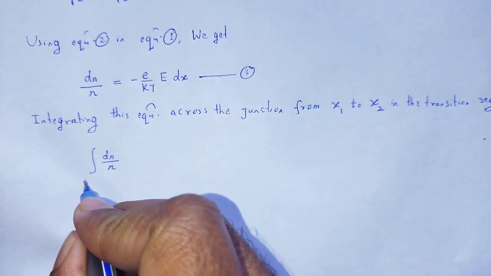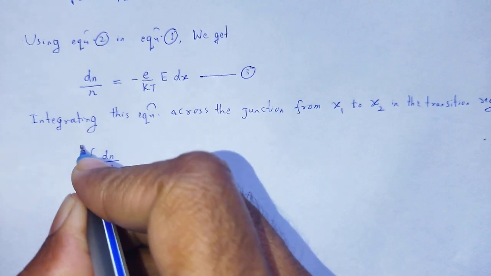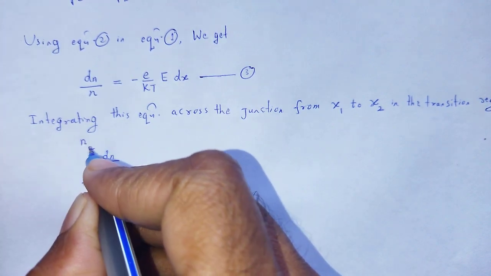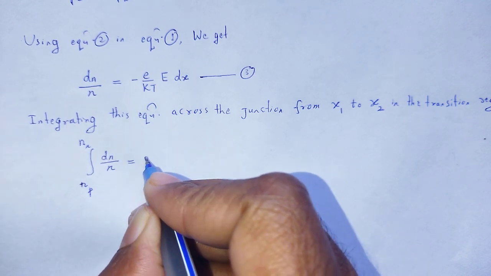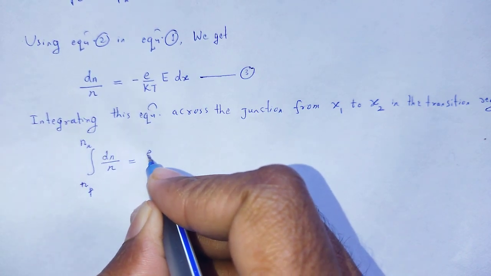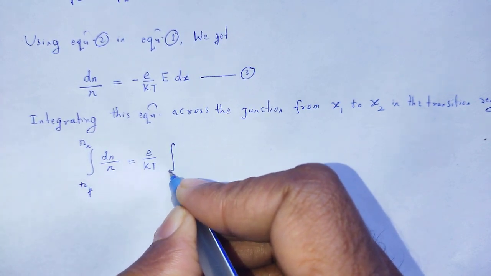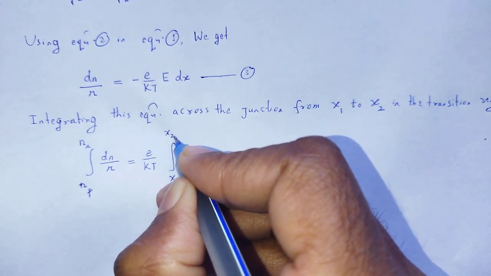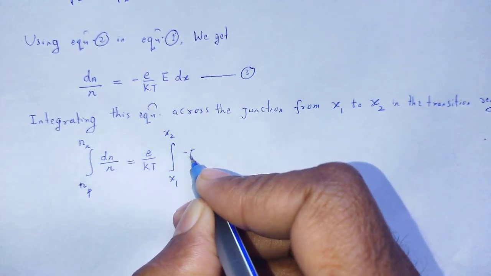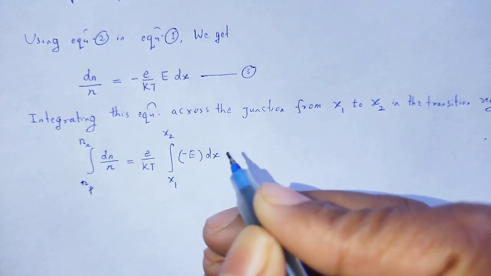Therefore, the density of electrons in p type and the density of electrons in n type is equal to e divided by kT times the integration from x1 to x2 of minus E dx.